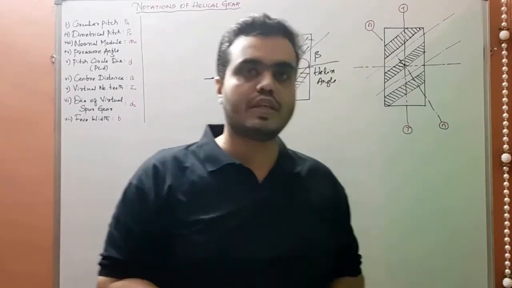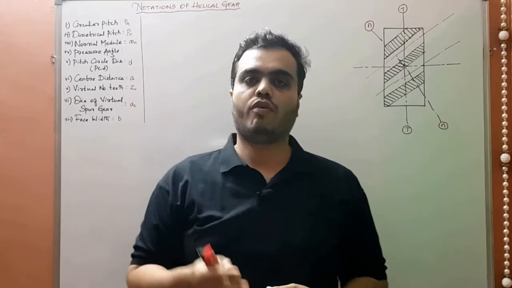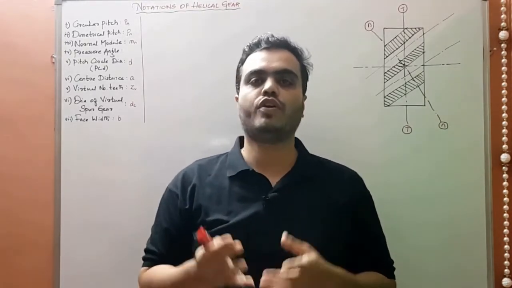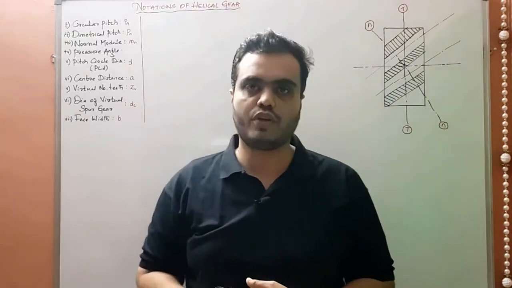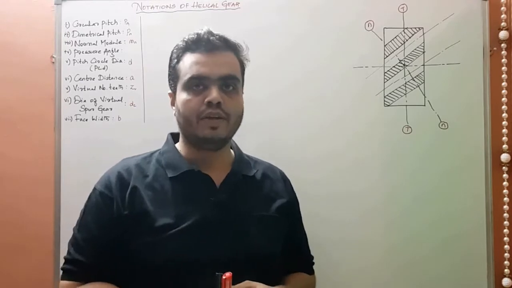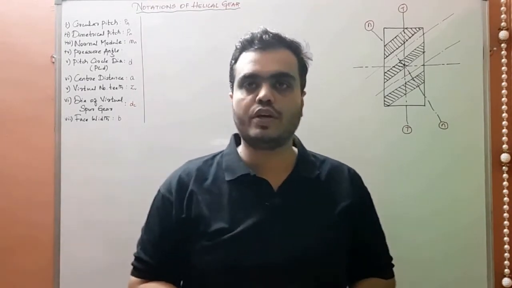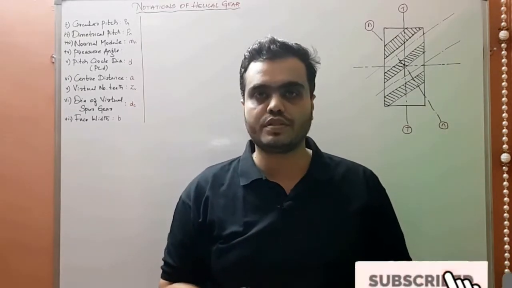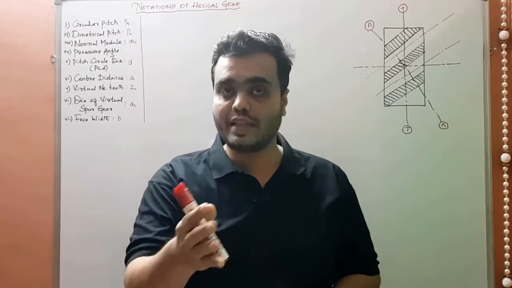This is the main point you need to consider. Let me explain the basic parameters you need to consider to define the notations or nomenclature to design the helical gear.